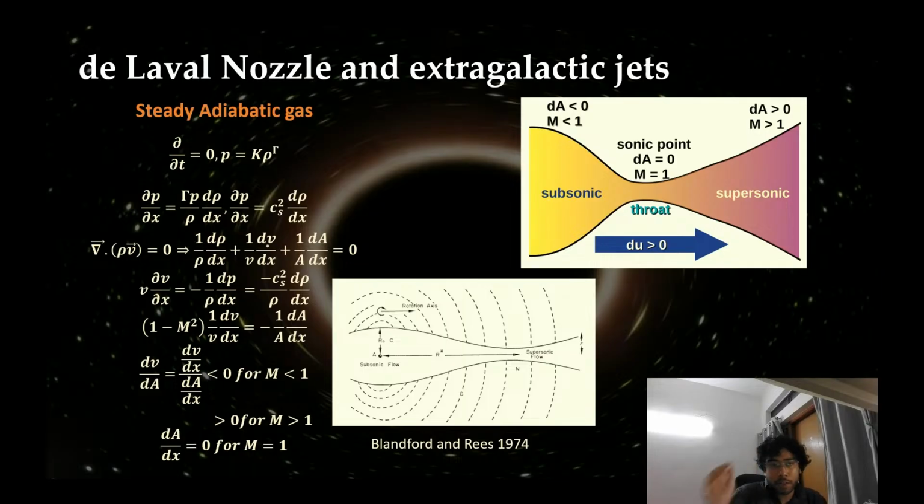So for Mach number less than 1, your dA should be negative, as given here. Once it has to go from subsonic to supersonic, it should reach the speed of sound. That means Mach number should be equal to 1 at some point, right? At that point, dA dx should be 0. That means the area does not change with x.